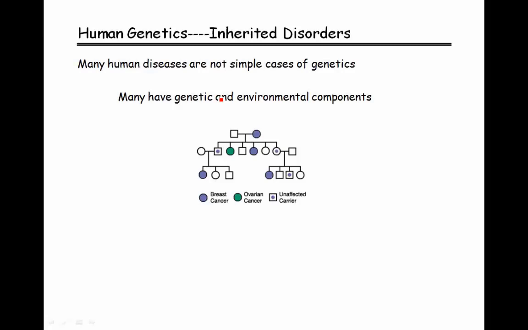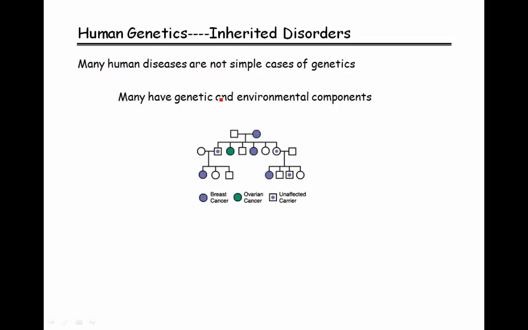You can control your diet, you can exercise, so that hopefully you can lower that risk. Some cancers are also hereditary, but again, it's not a 100% chance that you're going to get that particular cancer. You can try to lower your risk. There are things that can be done. So when we're talking about those types of disorders, drawing out the pedigree is not so helpful, because we don't get the nice clear-cut pattern that we had before.